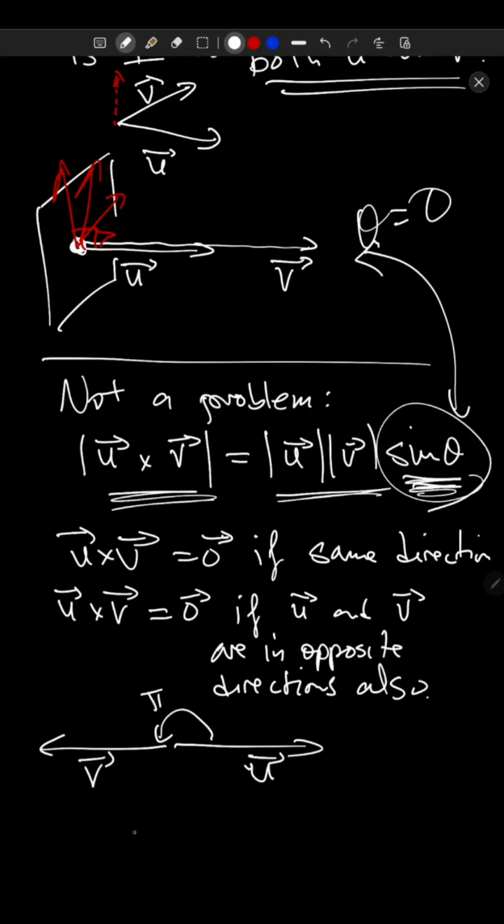Sine pi is 0. So again, that's a situation where potentially you're not able to talk about the vectors perpendicular to U and V because there's an infinite number of them. So you're not able to pick out the correct one using the right-hand rule, but it doesn't matter. U cross V is 0. Okay. So if U and V are parallel, then their cross product is 0.